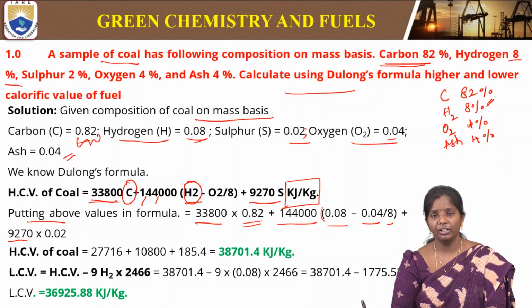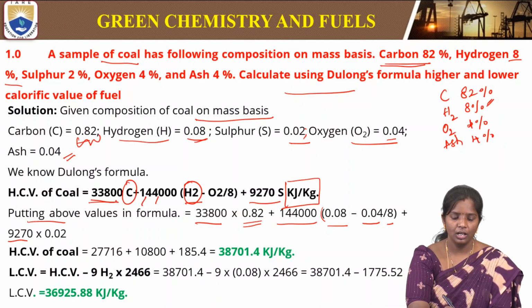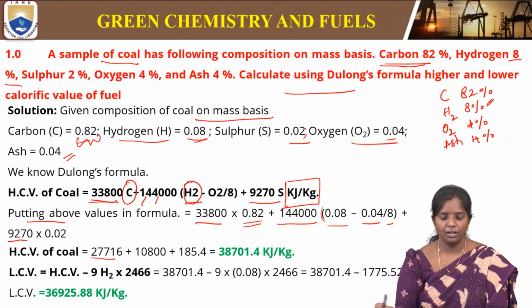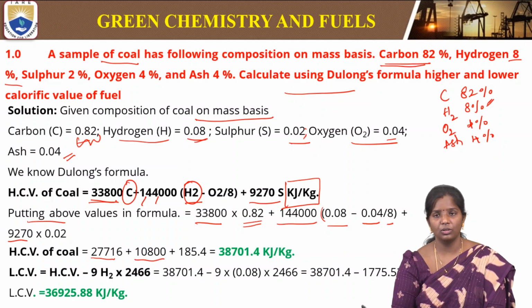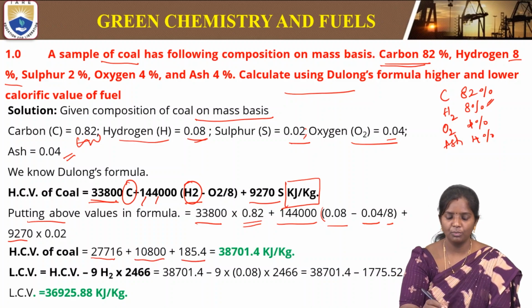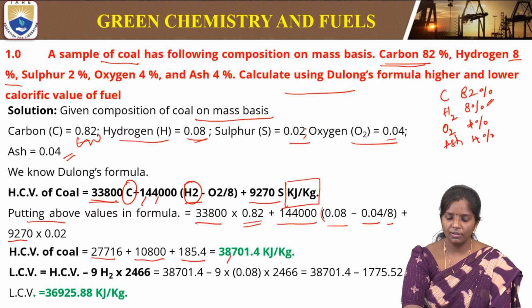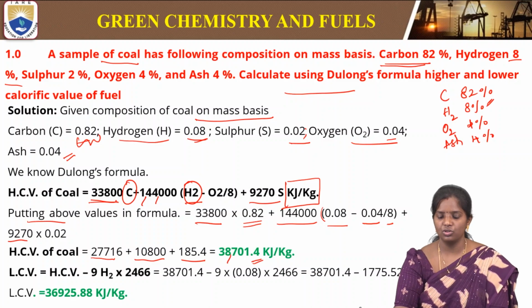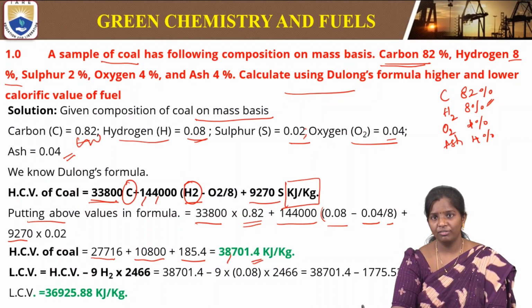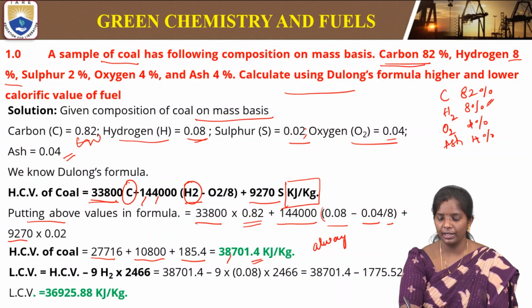Upon simplification and calculation, we get 27716 plus 10800 plus 185.4. Upon addition, we get 38,701.4 kilojoules per kg.